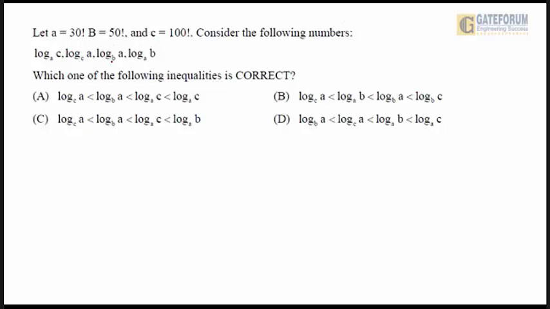Okay, what is the first one? Log C base A can be said to be log of C base anything else, say alpha, divided by log of A base alpha.